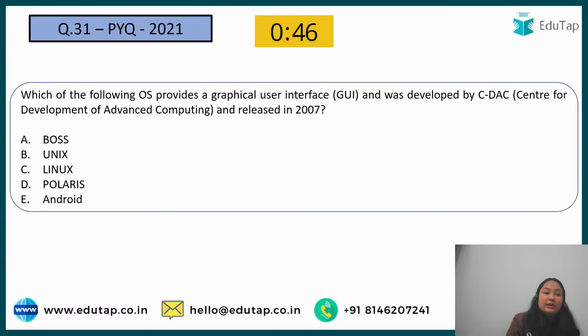All right, now the next question is which OS. I have changed this question, this is not a PYQ, I forgot to remove it from here, but yes, you will have to give the answer. Which of the following OS provides a GUI, graphical user interface, and was developed by CDAC, Centre for Development of Advanced Computing, and released in 2007?